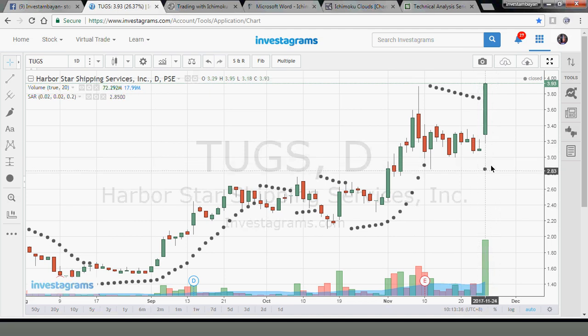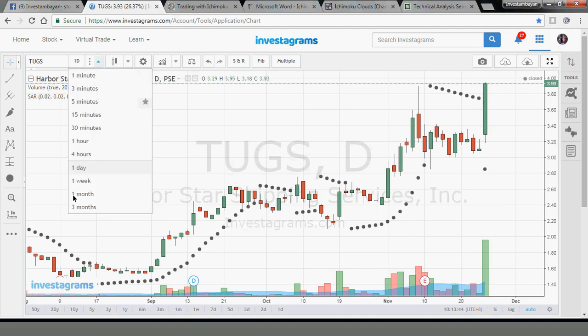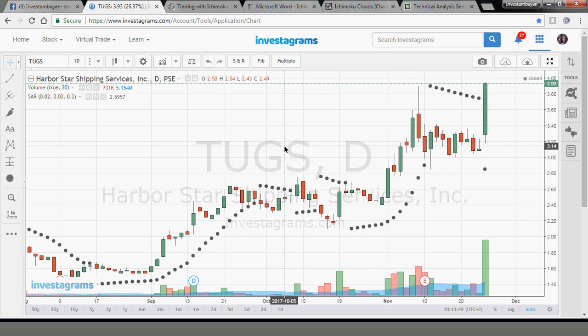Kasi dapat makita mo to, paano mo siya mamo-monitor na exactly sa area na to, dito ako makabili? Then you could adjust the time frame to shorter time frame from daily to per hour or 4 hours. Then you could check it there kung may breakout na ba dun. Halimbawa, may first parabolic na dun, it's like what I did yesterday, then that's the time that you could start to buy the stock. Right?